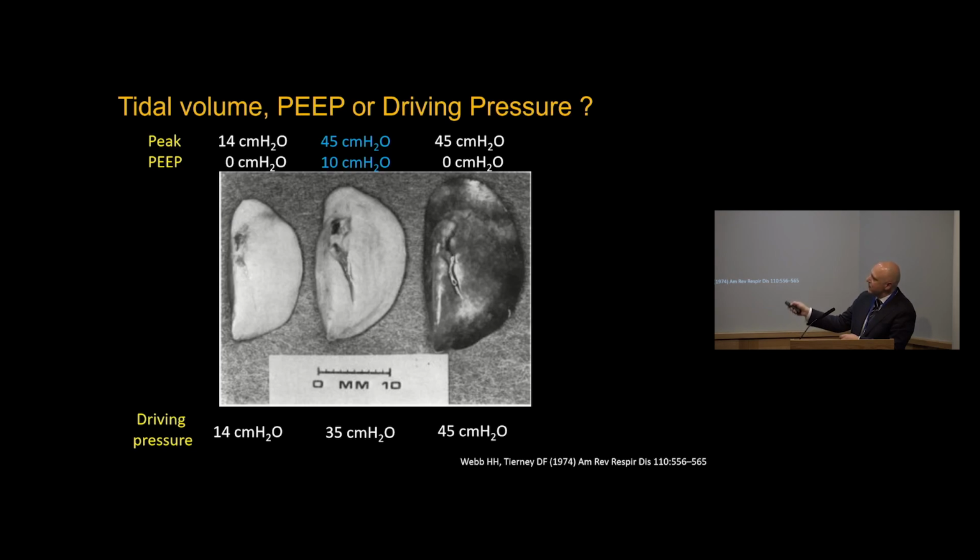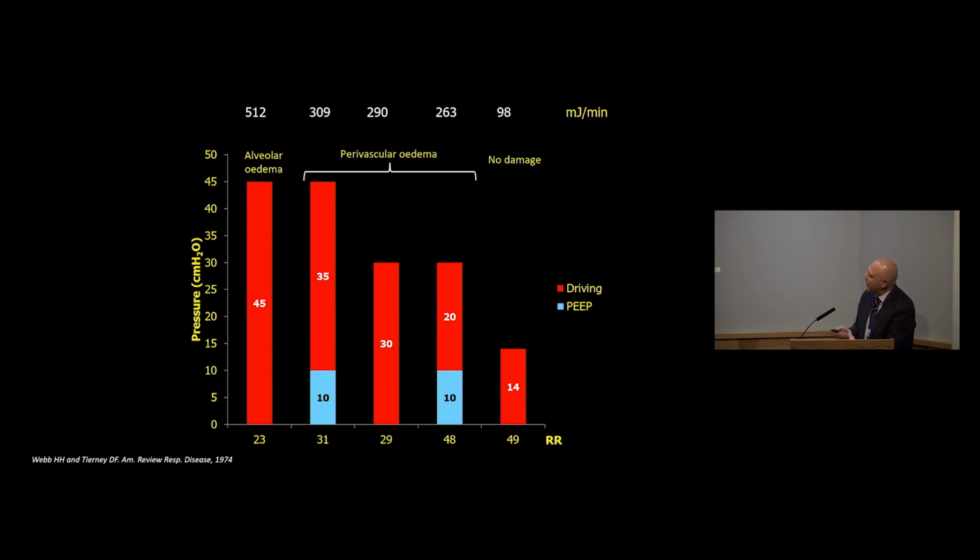So here's a driving pressure of 14. Here is a driving pressure of 35. Here is a driving pressure of 45. And as I said, I got this slide from Professor Gattinoni, who basically calculated the ventilation of this particular rat lung using the idea of mechanical power.